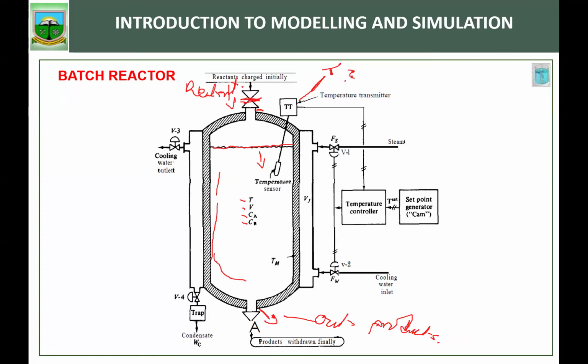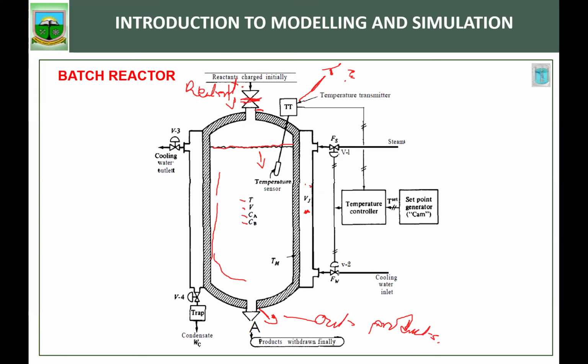But now, with this batch reactor, it has two things. It has a temperature that heats the reactor. So you can see that we have the jacket here, this part. This is where the heating of the temperature goes on.